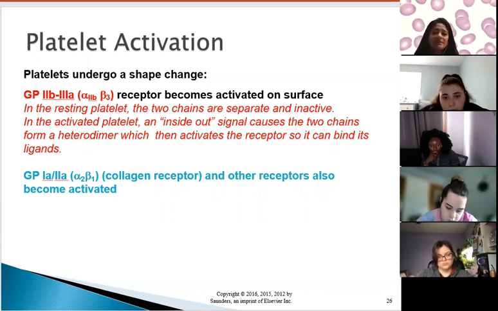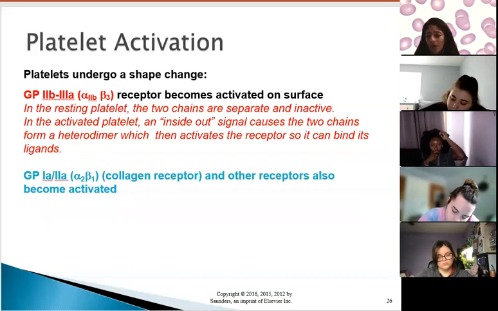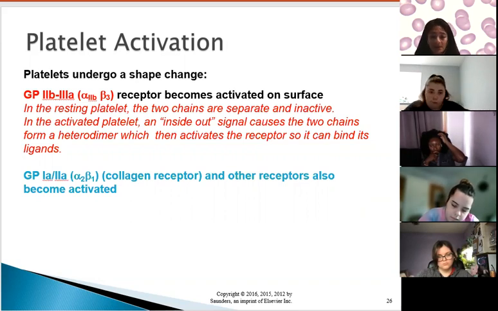So what this means is that there is a shape change, and because of this activation, you get a different receptor that gets exposed, and this is coming from an inside out signal. That means that the phospholipids in the membranes have flipped, and now you have a different kind of surface showing on the platelets. We have this in more detail in the next lecture. This is just an overview.